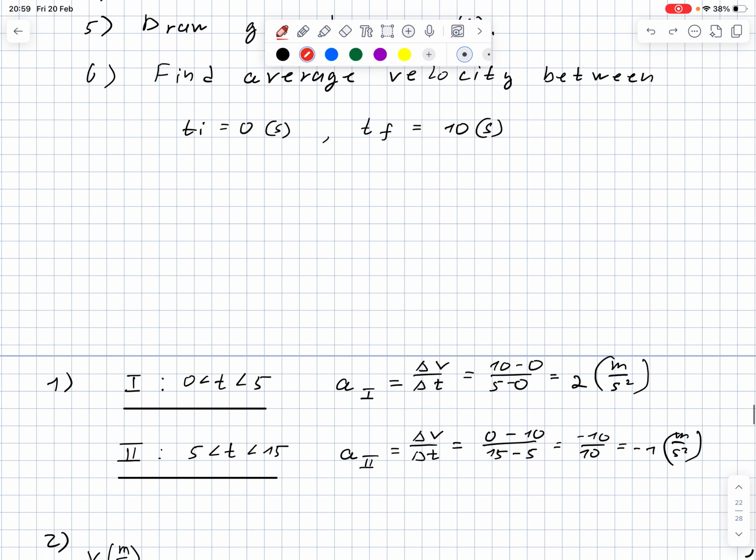Now, solutions for the first part. Let's look at the first time interval. We know that the definition of acceleration is delta v divided by delta t.